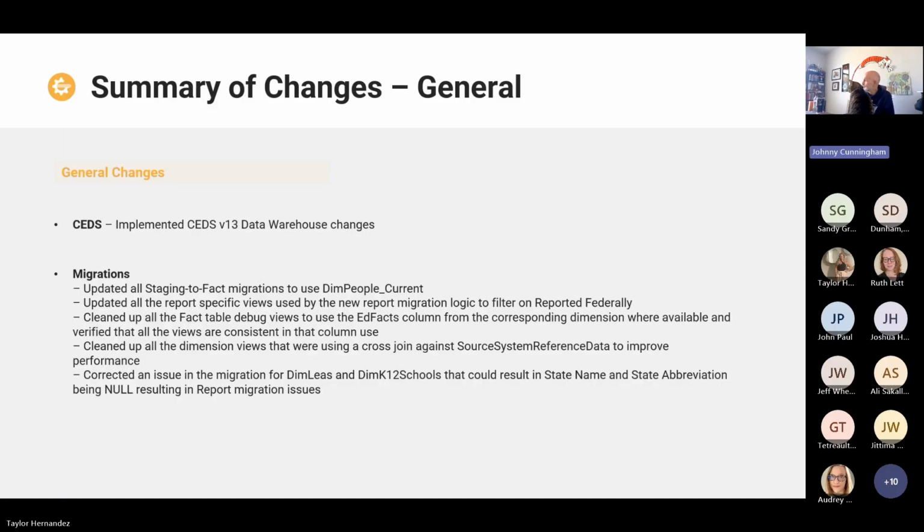This was a Generate issue. CEDS released that set of changes a little late, but that wasn't the problem. It was us getting these changes integrated into Generate. That's why it's coming out in .2 instead of .0. But the CEDS version 13 data warehouse changes are now implemented into Generate.